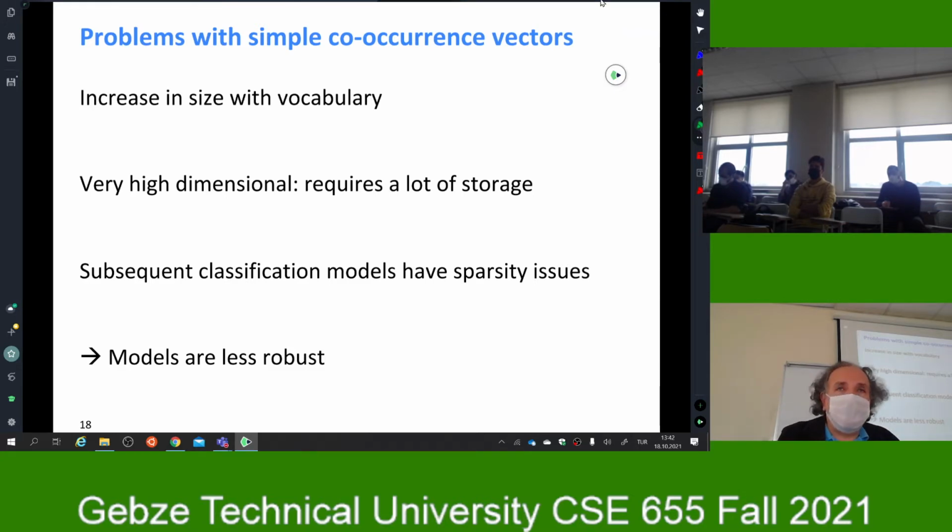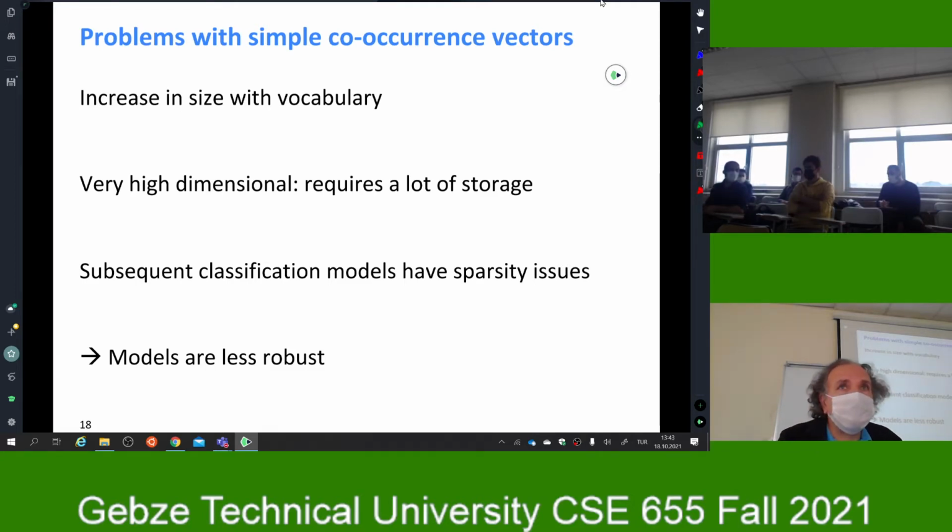By the way, I did not show you any examples of how to use the word vectors in real life situations, but any machine learning model, any machine learning technique that uses data as an input and uses output as labels can be used with the word vectors.